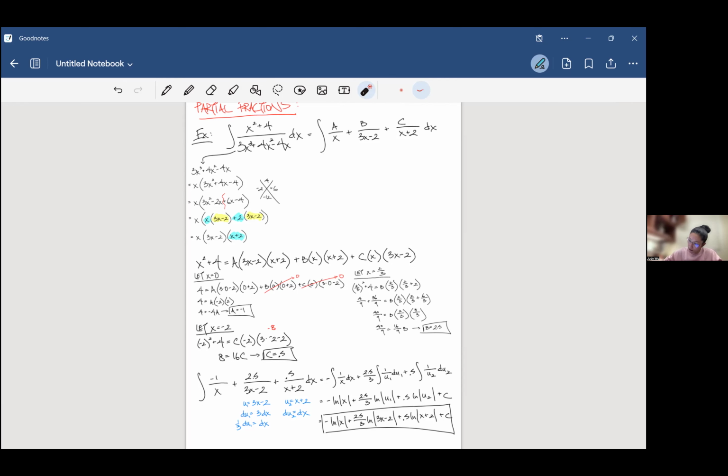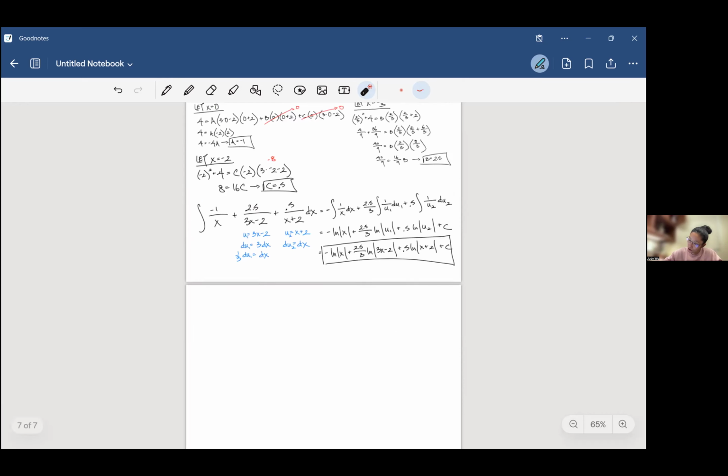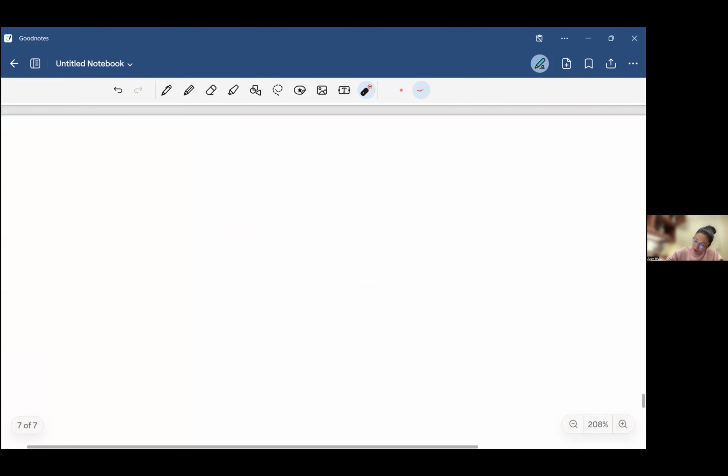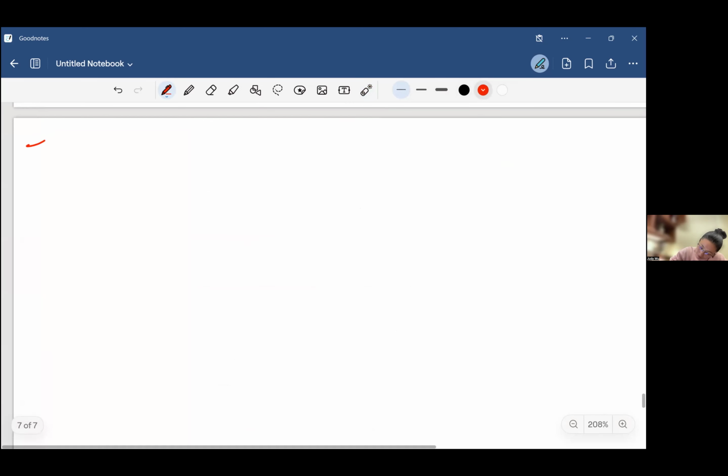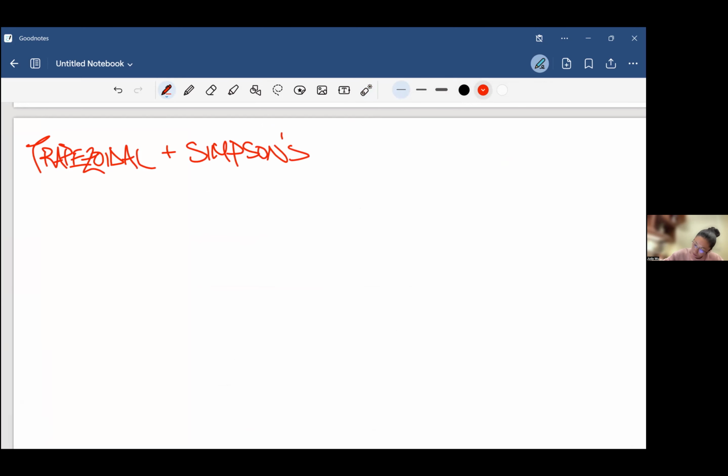All right, so we'll add a page. So trapezoid and Simpsons approximation.